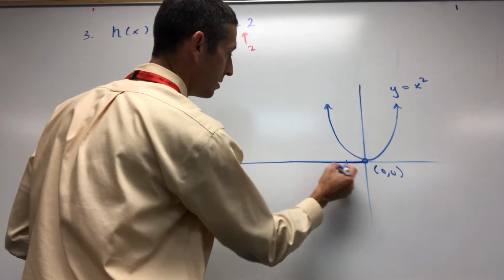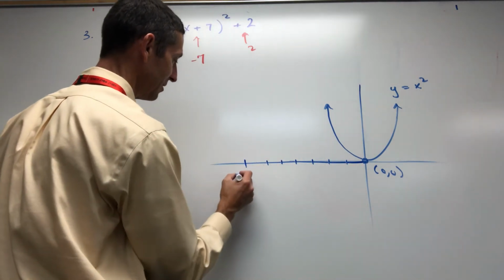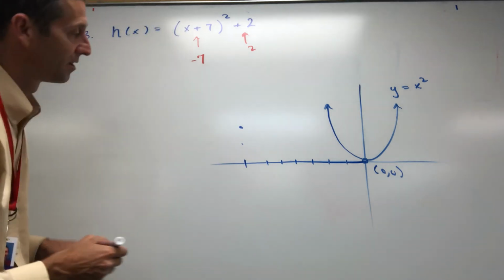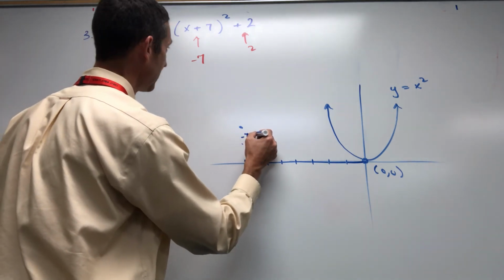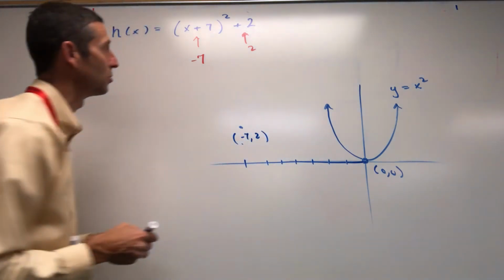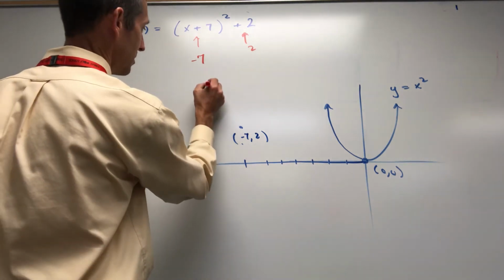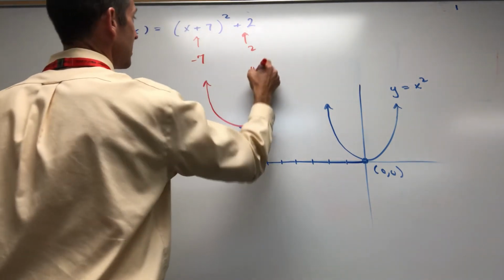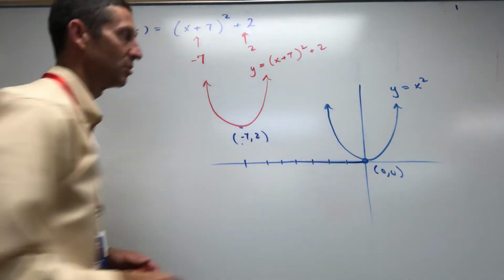So you got 1, 2, 3, 4, 5, 6, 7, and then we go up 2 spots. So we're sitting right here at over 7 to the negative, up 2, and that's where our new function comes in. So let's get him in there. That's y equals (x plus 7) squared plus 2.